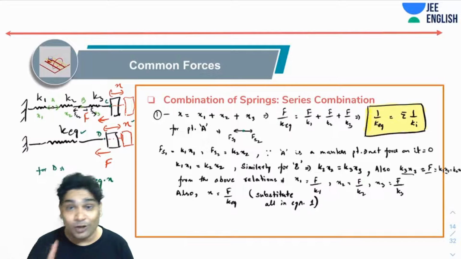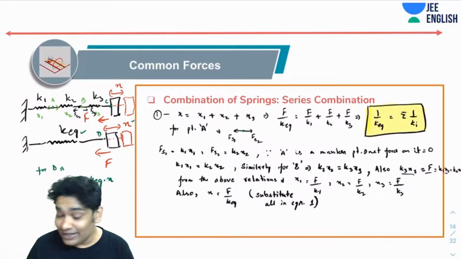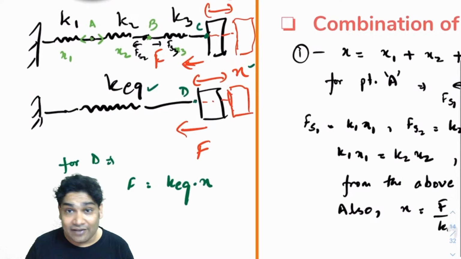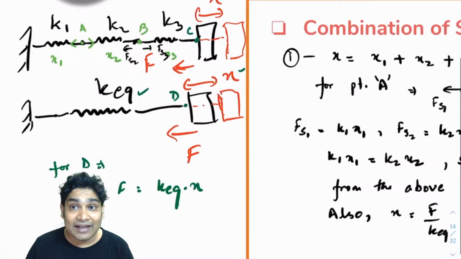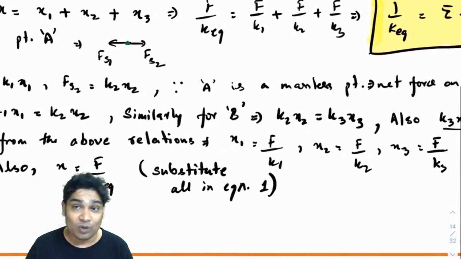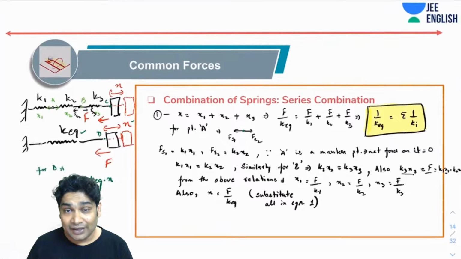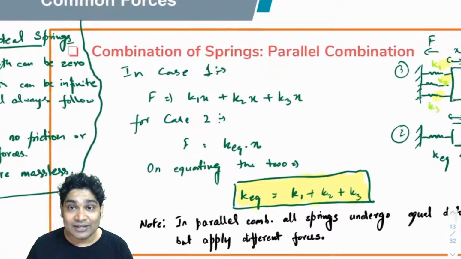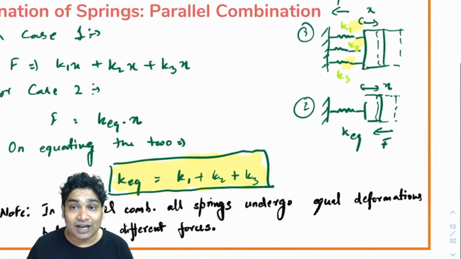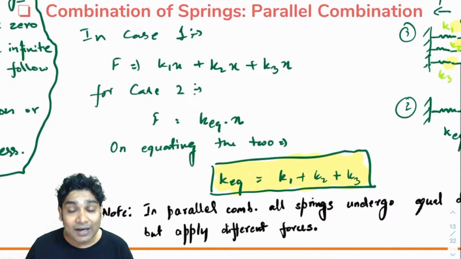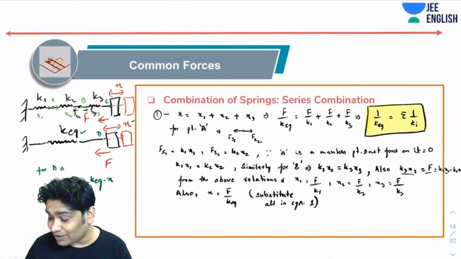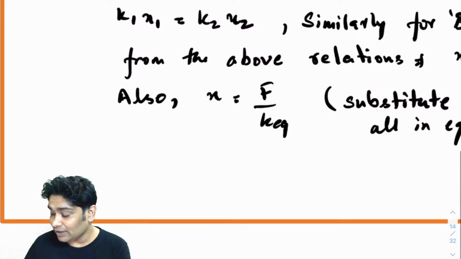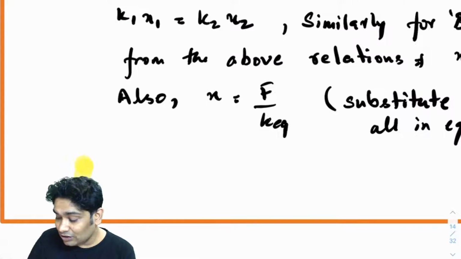Now you will also note what is happening in series combination. In series combination, every spring is undergoing different deformation. However, every spring is applying the same force. So there you see is the difference. Here in parallel combination, all springs were undergoing equal deformations but applying different forces. So let's make a note of that.